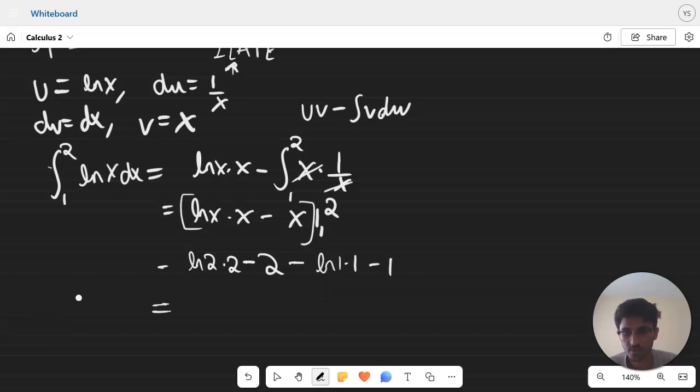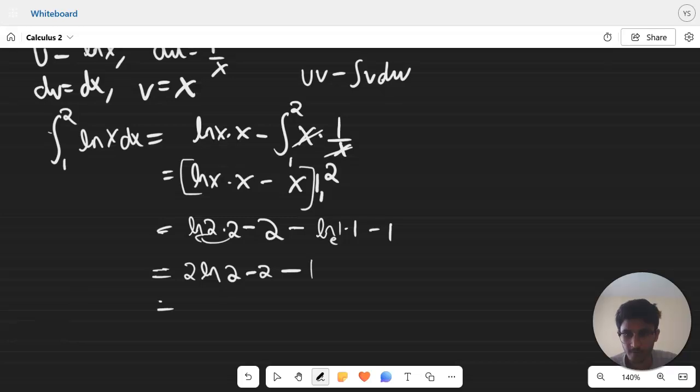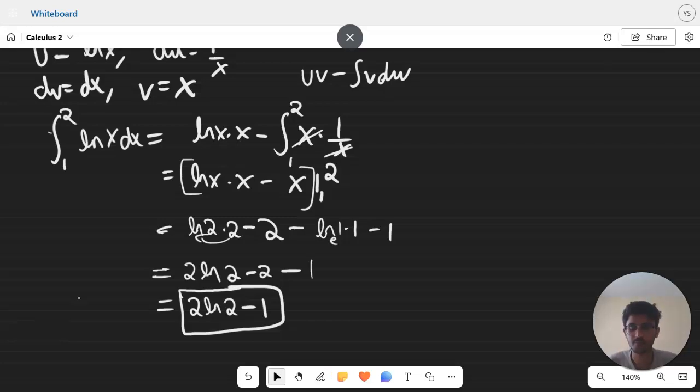Okay, so we would generally want a constant in front, so 2 ln of 2 minus 2 minus, we know that ln of 1 is just going to be 0. 0 times 1 is 0, and then minus 0 minus 1, that's just going to give us minus 1. And our final answer is going to be 2 ln of 2 minus 1. Alrighty, that is going to be our final answer.